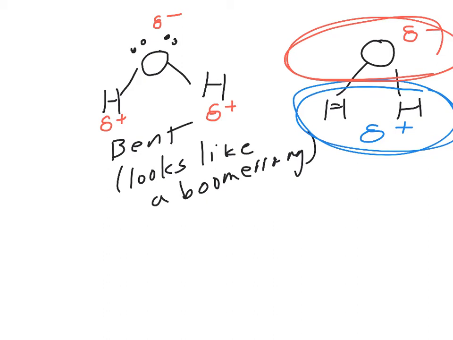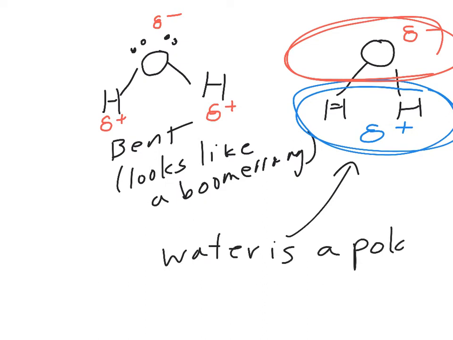Because this molecule has two areas, one with a partial negative charge and one with a partial positive charge, we refer to water as a polar molecule, because it has two poles, right?